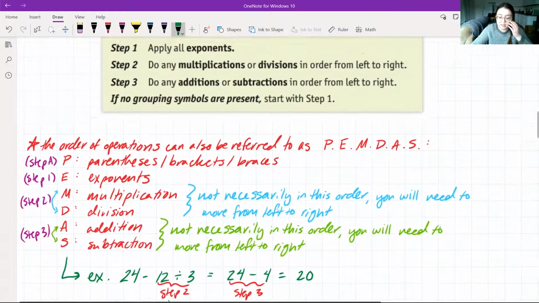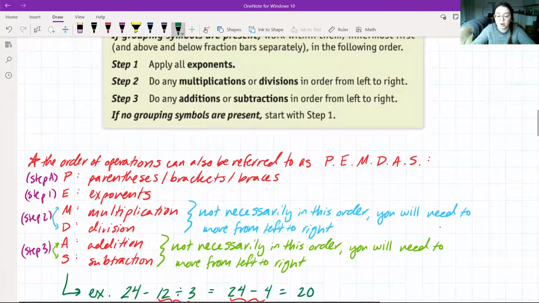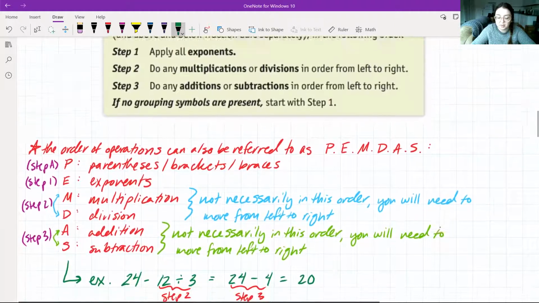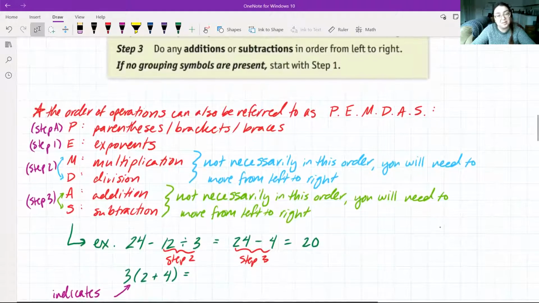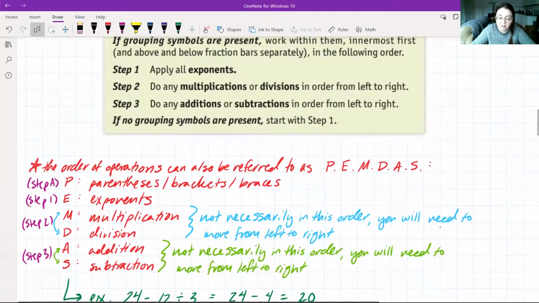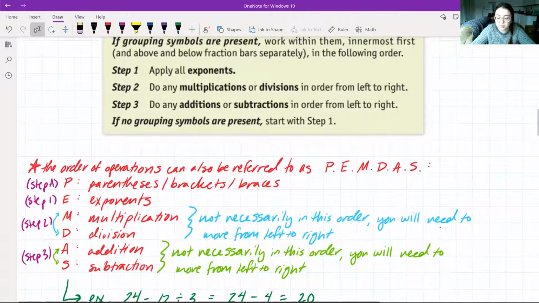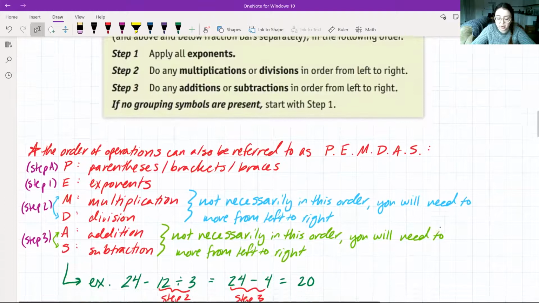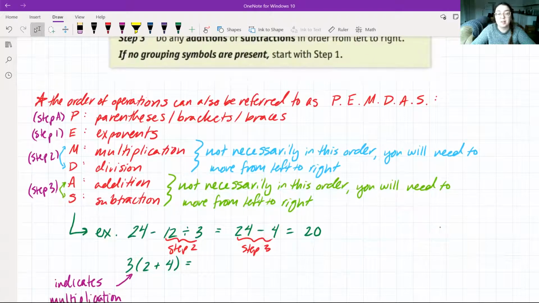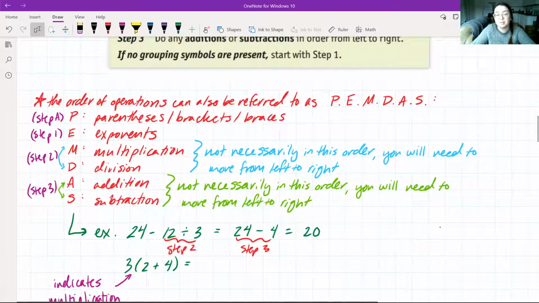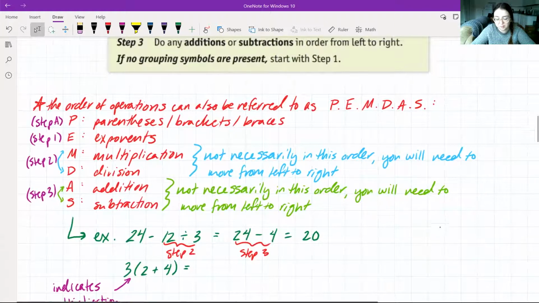So inside of parentheses, step 1, we want to apply all exponents. We don't have any exponents, so we'll go on to step 2. Step 2, do any multiplications or divisions in order from left to right. Well, inside of our parentheses, we only have a 2 plus 4, so we're going to skip step 2.